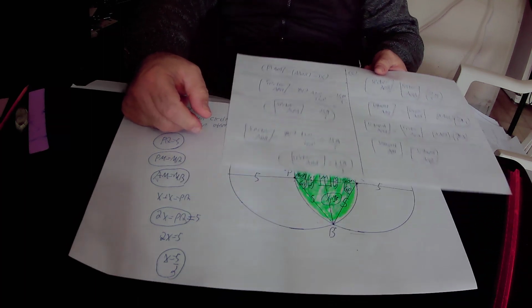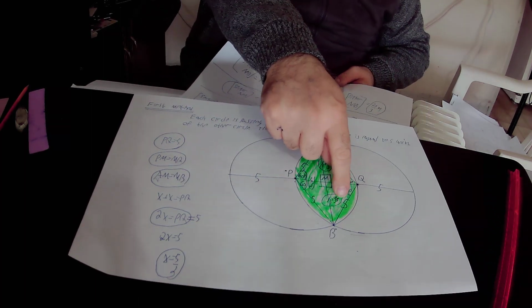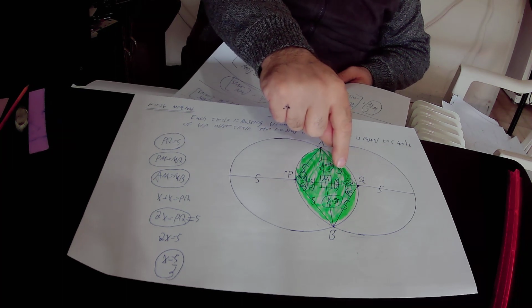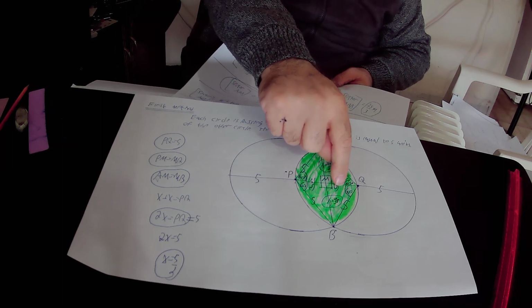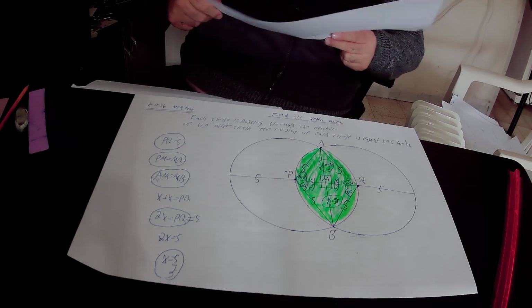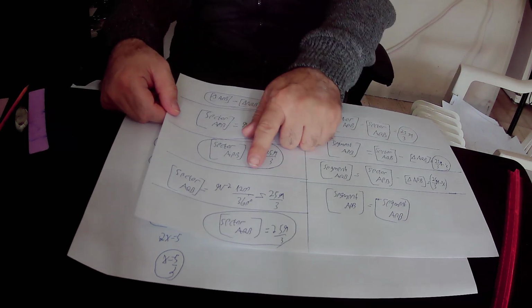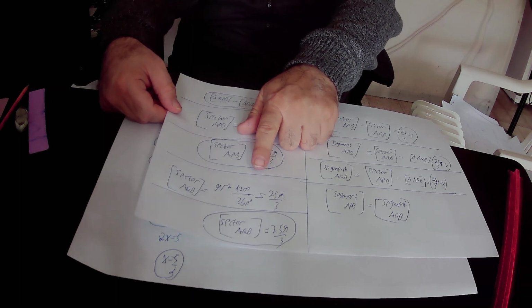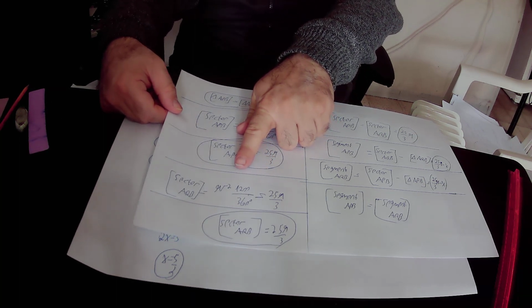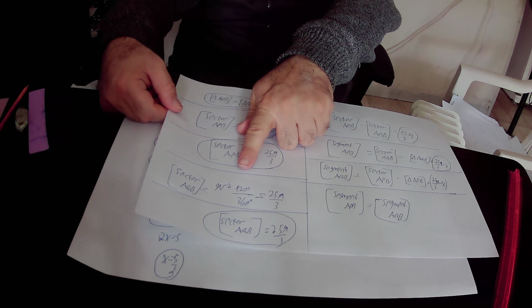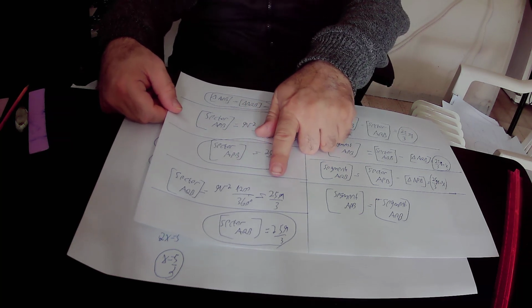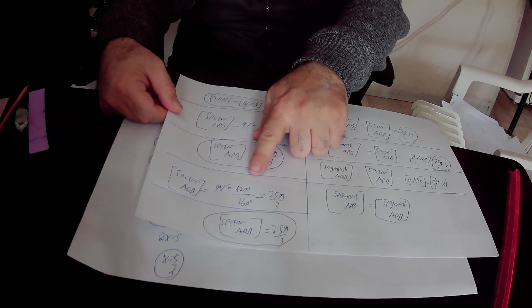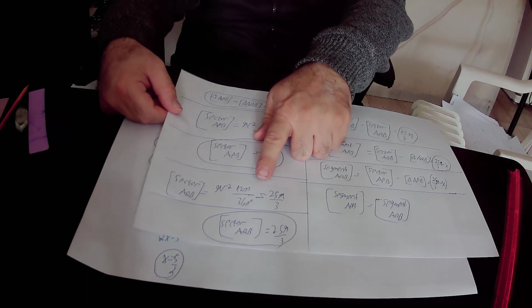Then we find the area of sector AQB. The area of sector AQB equals pi r squared times 120 degrees over 360 degrees. R equals 5, r squared is 25. So in the numerator we have 25 pi, and 120 degrees over 360 degrees is 1 over 3.